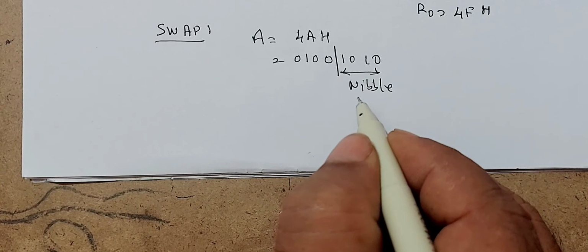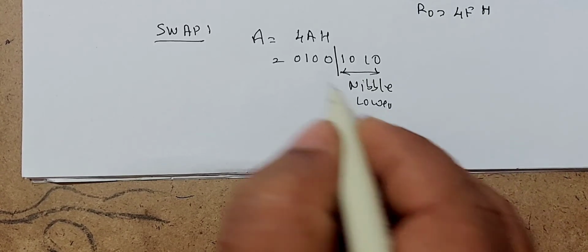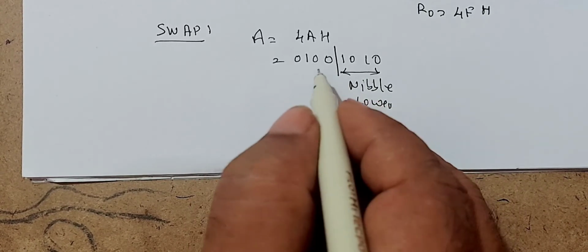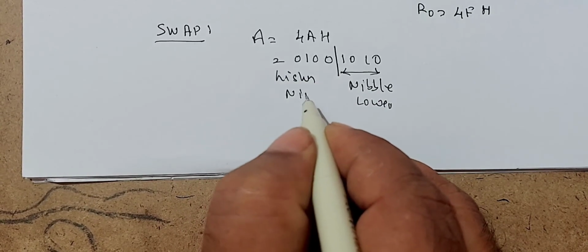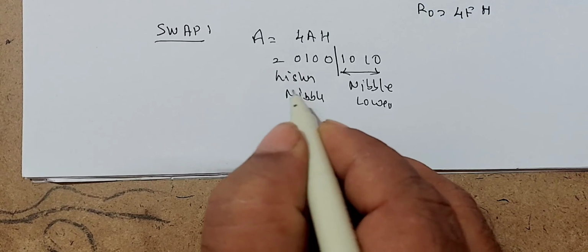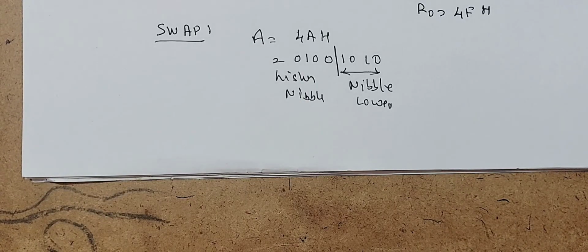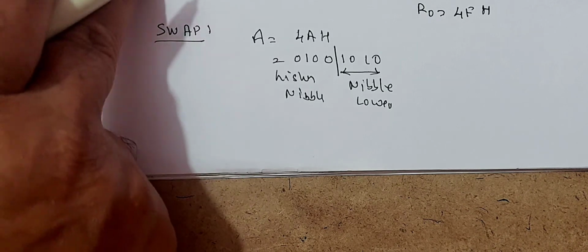This is the lower nibble, the 4 bits to the right. This is called the higher nibble. The swap operation changes the lower nibble into the higher nibble and the higher nibble into the lower nibble. So care must be taken to distinguish between swap and exchange.